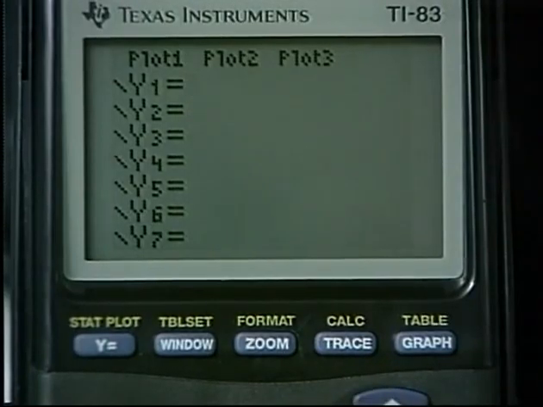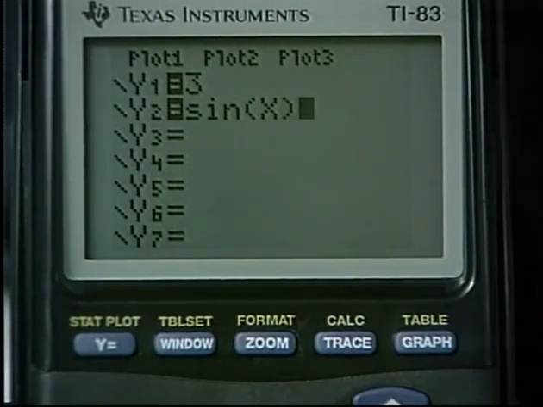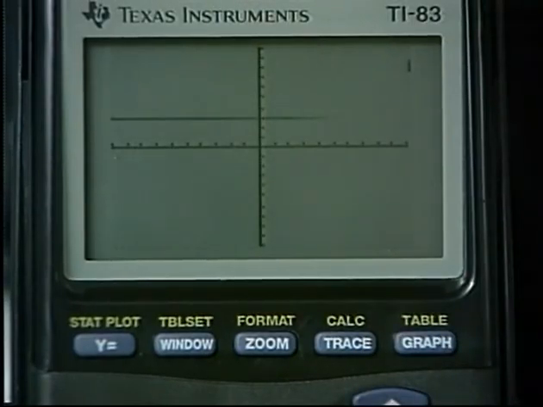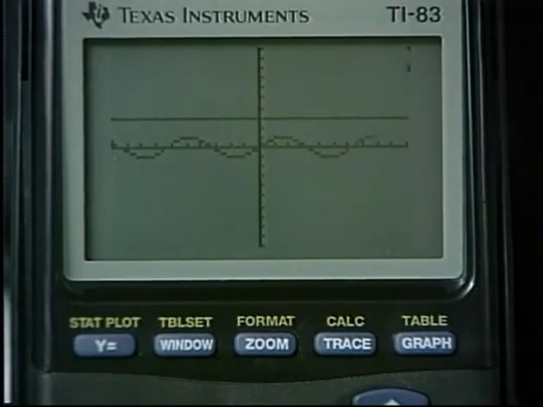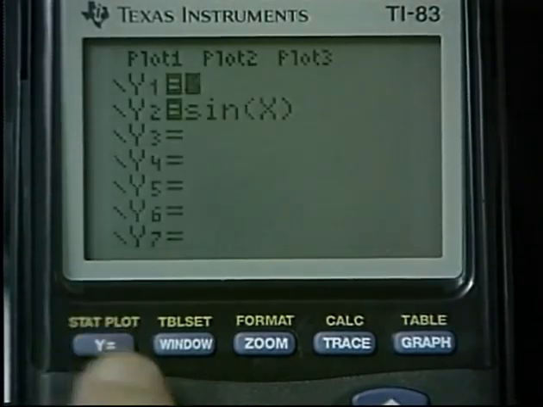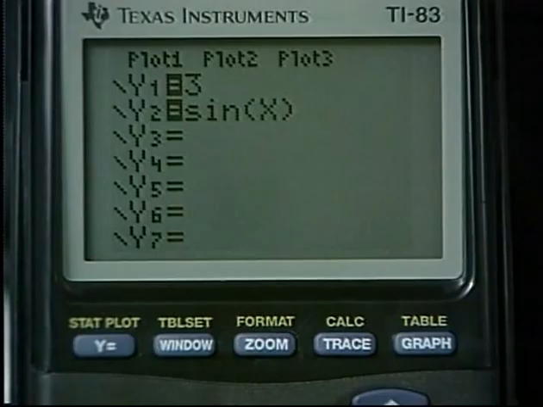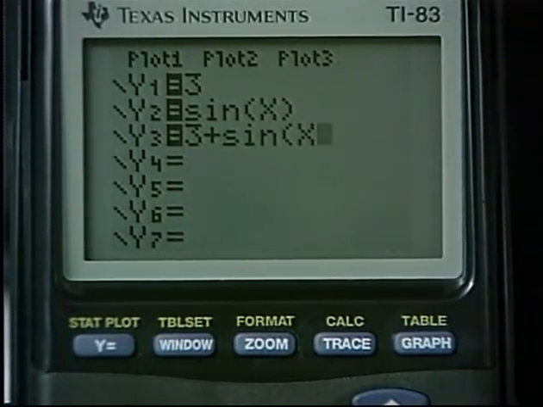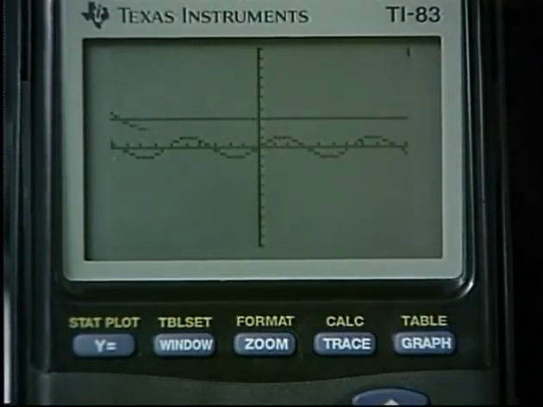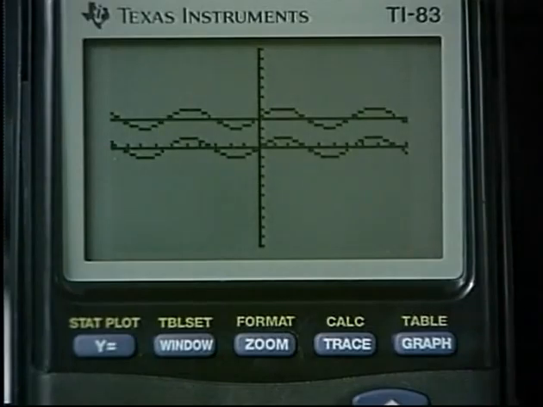That is, remember, when we had something like, oh, I could take y equals 3, I could take y equals sine x, and separately, their graphs look like this. But then if I add the two together, if I take 3 plus sine x, then it almost looks like I'm taking the sine curve and putting it right on top of that line.